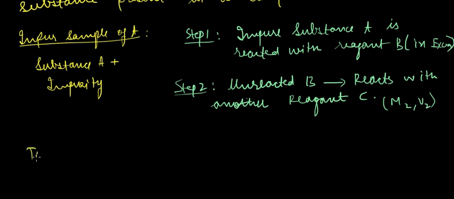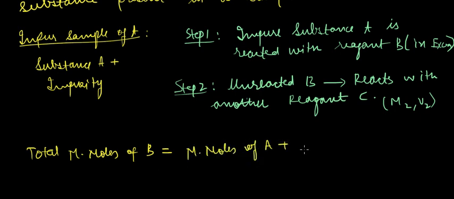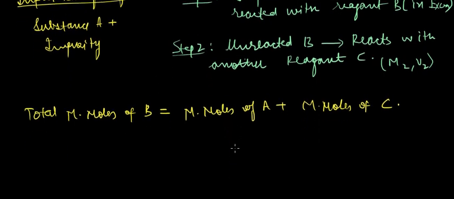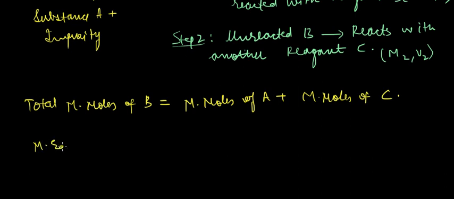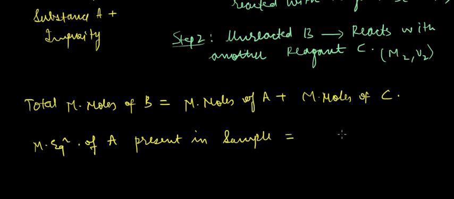So we can say that the total millimoles of B that has been reacted would be millimoles of B reacted with A plus millimoles of B reacted with C. And the milliequivalent of A present in the sample would be equal to the milliequivalent of B reacted.